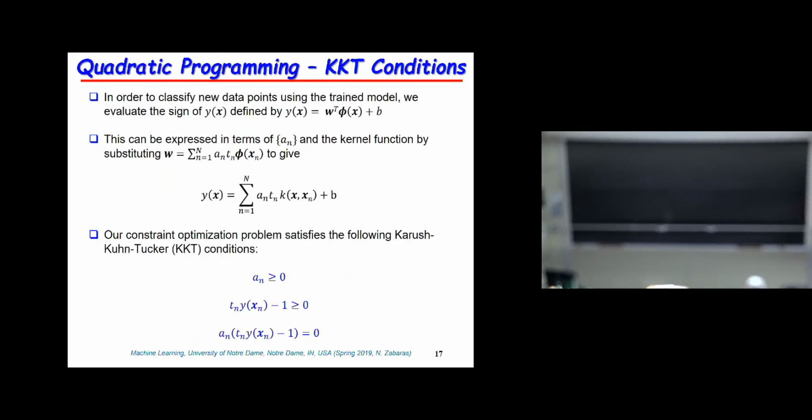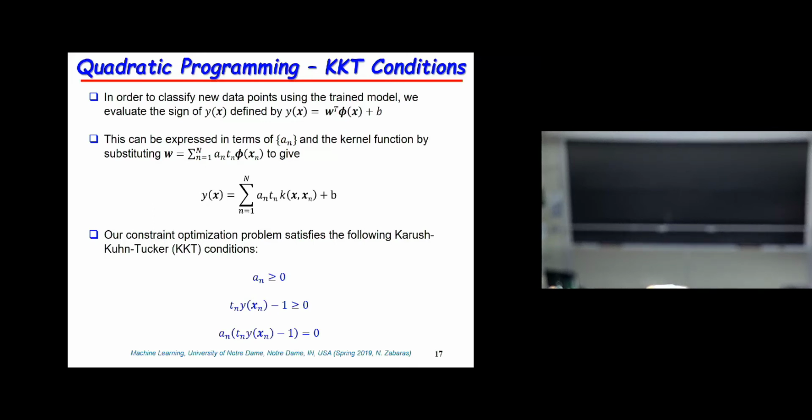So the Lagrange multipliers are positive. For all data points, this is satisfied. That was my constraint. But also I have alpha_n times (t_n y of x_n minus 1) equal to 0. So the product of the Lagrange multipliers times this constraint is equal to 0. These conditions need to be satisfied at the optimum, and they're called the Kuhn-Tucker conditions.